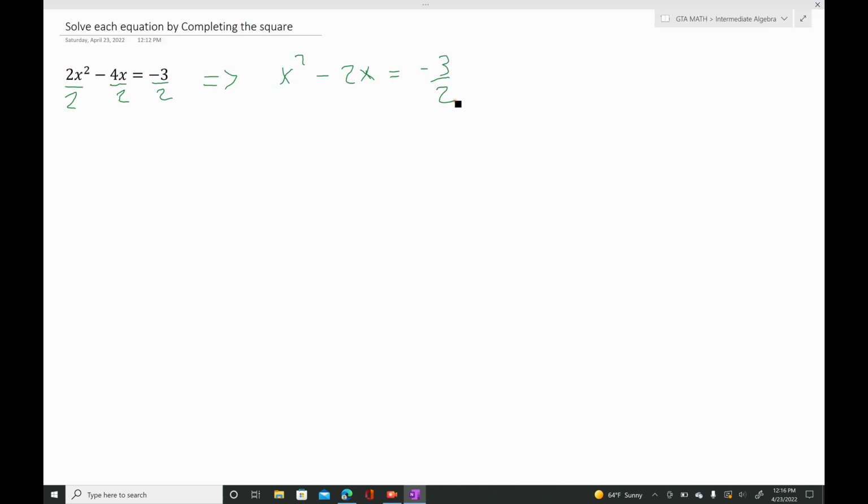So now that we're here, we have to work on our first step towards completing the square. We're going to take this b term right here and solve it on the side. We're going to say b equals negative 2, which is the coefficient of the b term, and we're going to divide it by 2, and most importantly, we're going to square it.